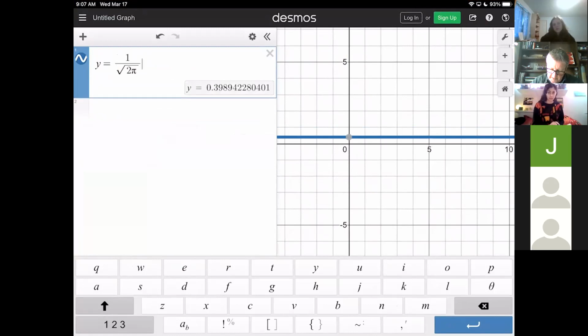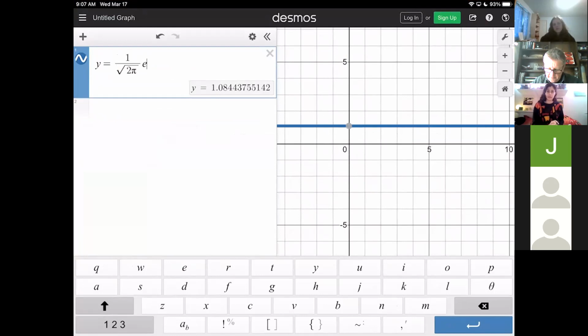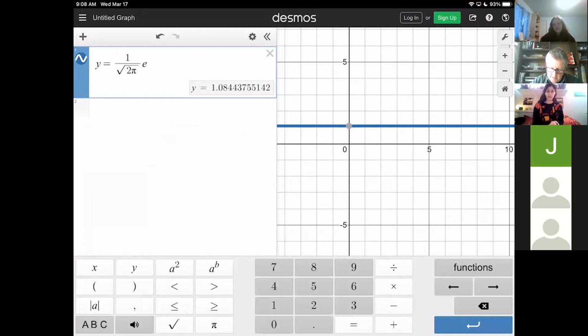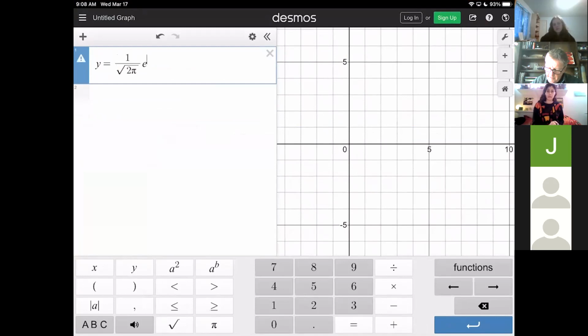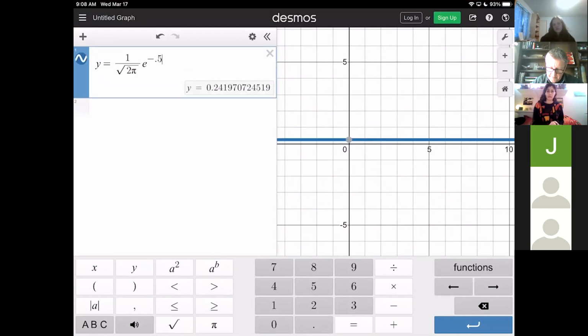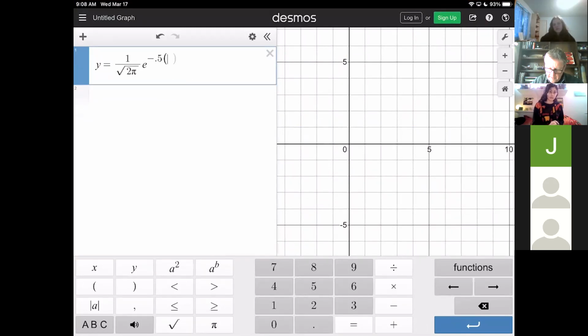And then we're raising e to a complicated exponent. Wow, what an amazing formula this is. E is raised to the negative 0.5 times x minus 22, close the parenthesis, divided by 3.